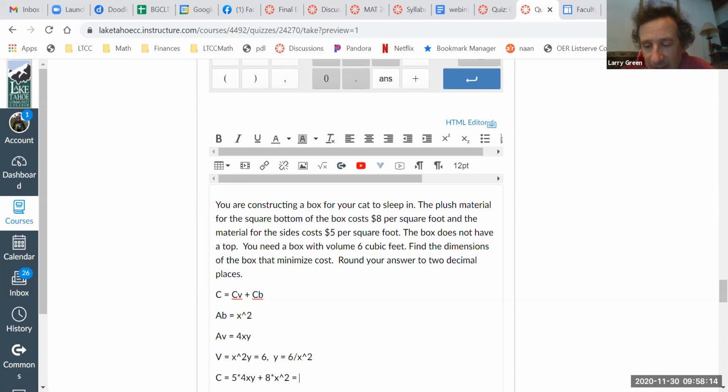But that is equal to, now I substitute. I'm going to do 5 times 4 because I can do that in my head nicely, and that's 20. And then we have x, and y is 6 over x squared. And then we still have plus 8x squared.